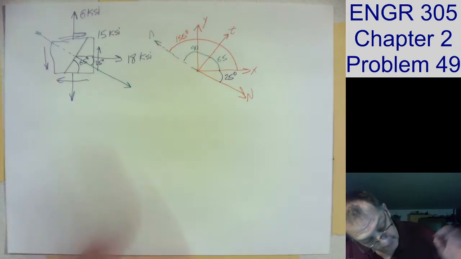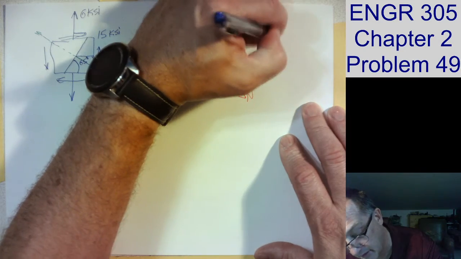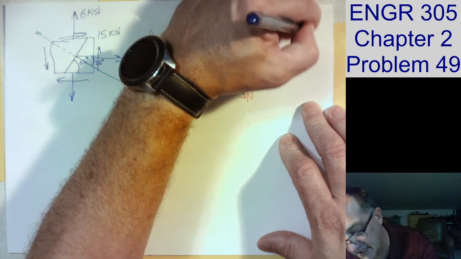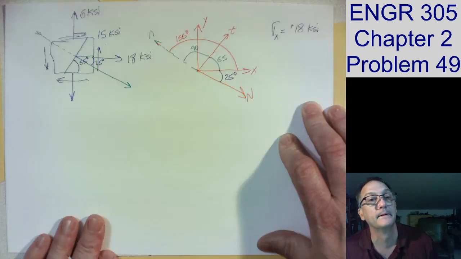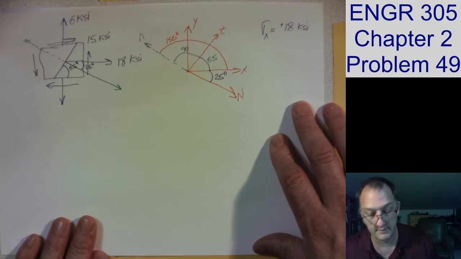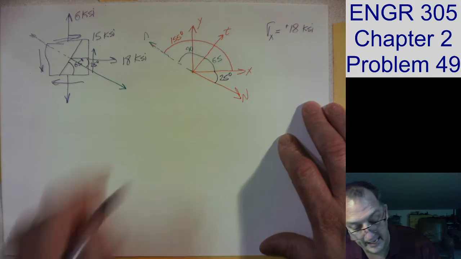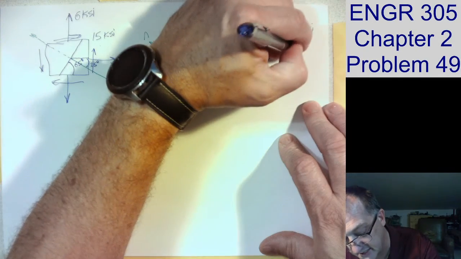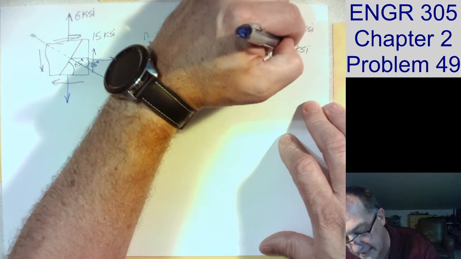Now, I'm going to go back one more time. I'm going to list my sigma x is a plus 18 KSI. I'm going to add sigma y is equal to 6 KSI, also positive.